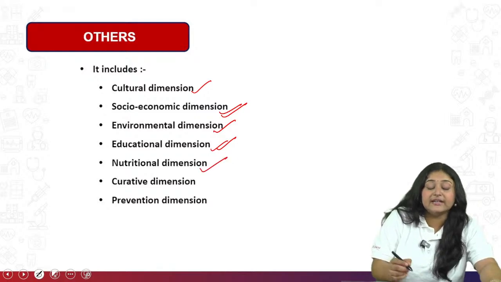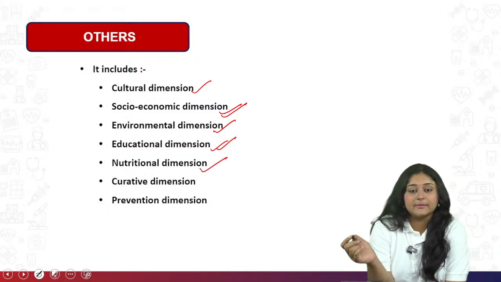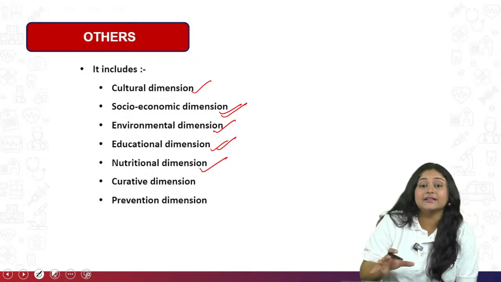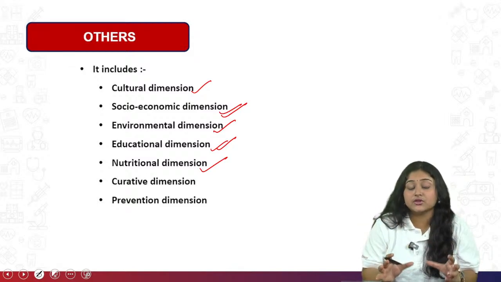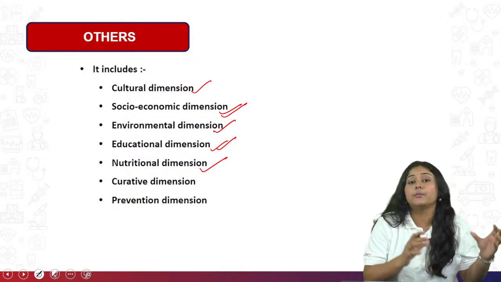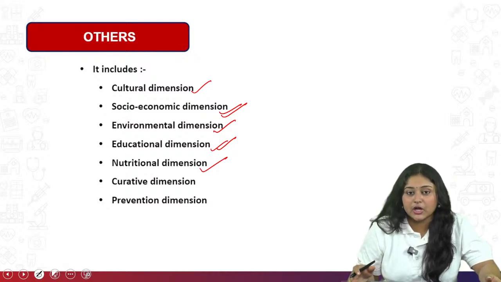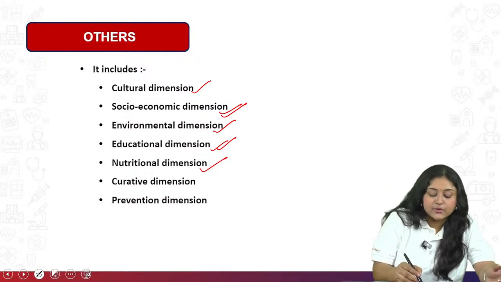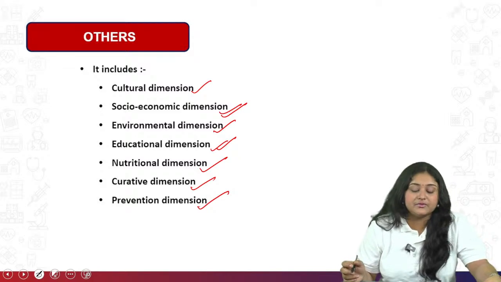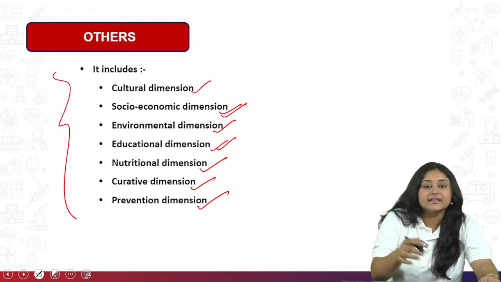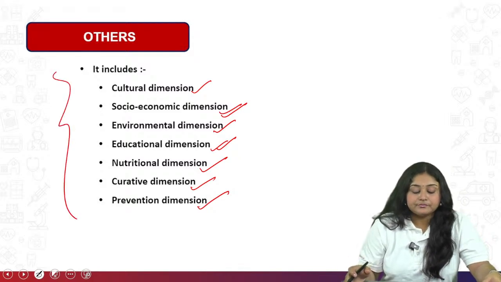Next is the nutritional dimension, like lack of vitamins or minerals or any other nutrient necessary for the proper growth and development of the body. Then the curative dimension and preventive dimension. These all are the other dimensions.